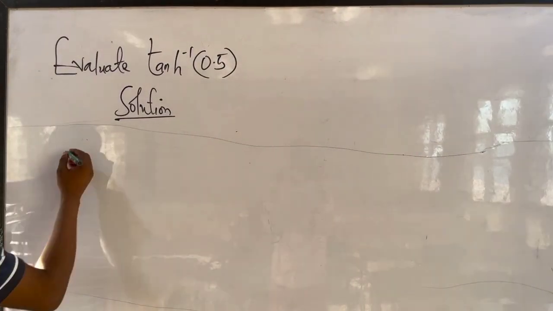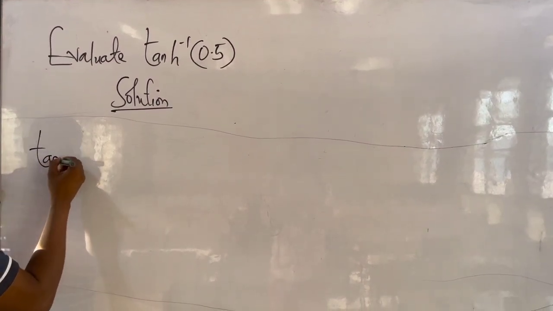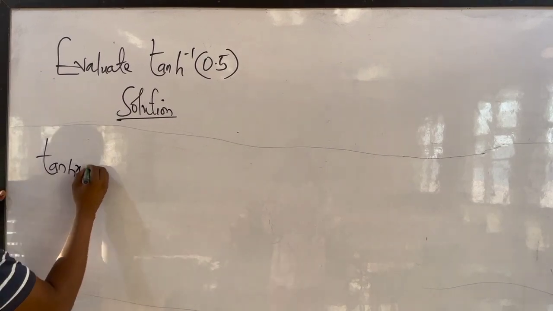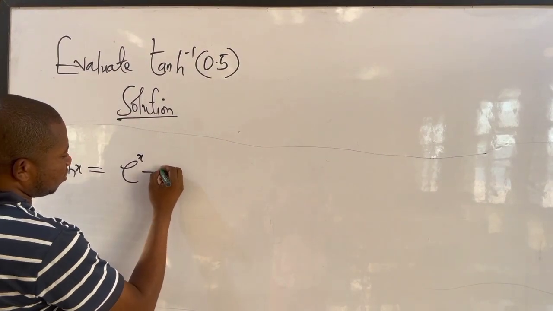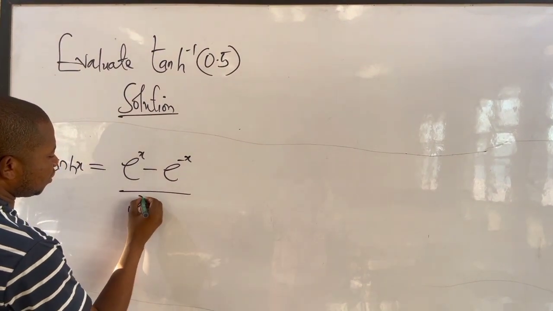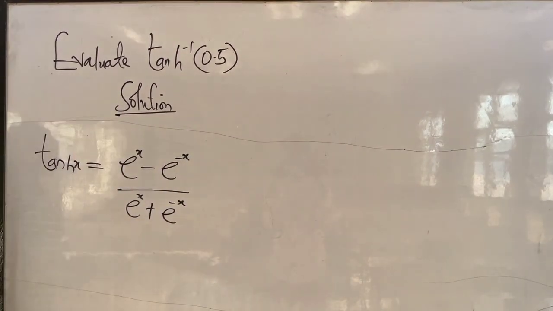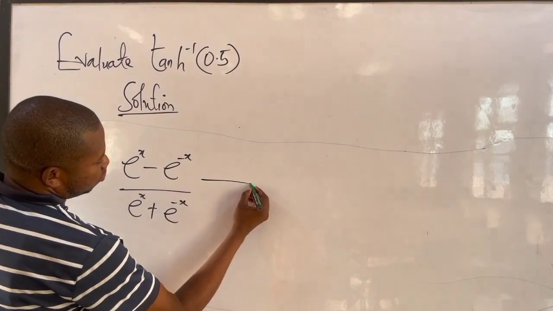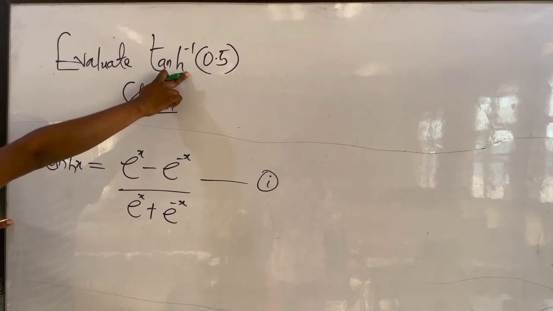Of course, we know that tanh x is given as e^x minus e^(-x) over e^x plus e^(-x). You must know this. So now I can call this equation 1. Having known this, I will still refer back to this.